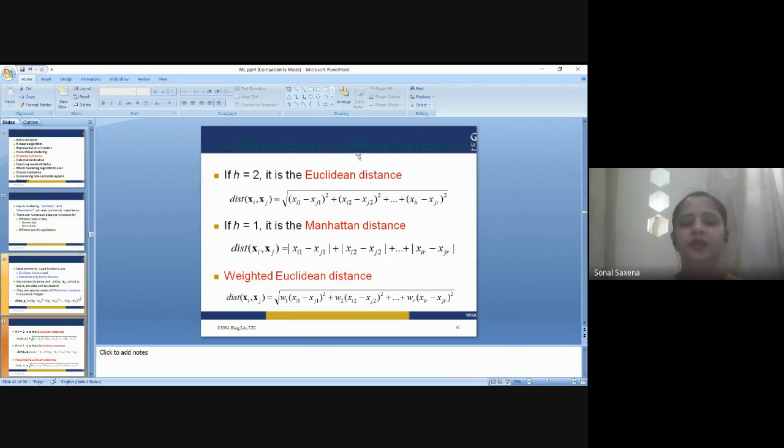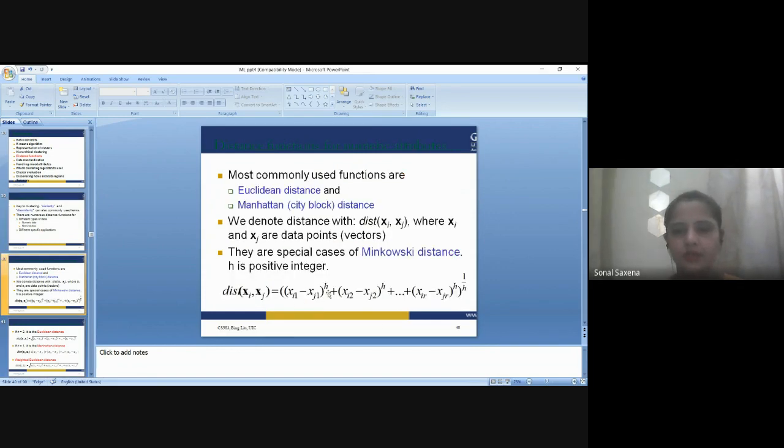Then Euclidean distance and Manhattan distance. Here you can see if h equals 2, it is the Euclidean distance, and if h equals 1, then it is the Manhattan distance. I'll just tell you again, this is h here. The degree of every distance is h.